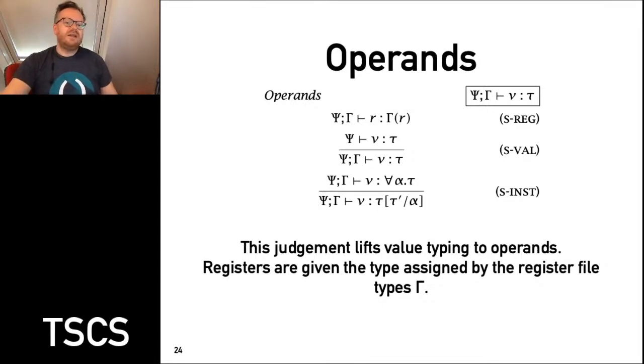Also see that Ψ here is mentioned, not used on the right, but it is a prerequisite, because for some rules we actually need it and for some we don't. The as-val rule basically tells you, okay, values you can type in the heap environment as τ, even though you have the Γ premise. You just drop the Γ premises and just type in Ψ.